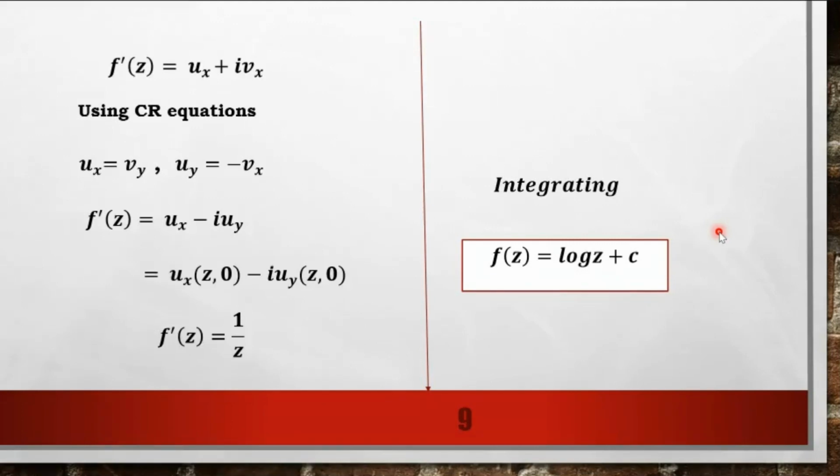Okay, so that is why, तो log z का real part हमें क्या आया है? We were given real part as log of root of x square plus y square or half log. तो जो u दिया था that is the real part of this function. है ना, जो भी u हम लोग को दिया था that is the real part of log z. अगर हम log z को expand करेंगे तो we will get the answer as u equal to log of root of x square plus y square. Okay? That we can verify also whether your answer is right or not.